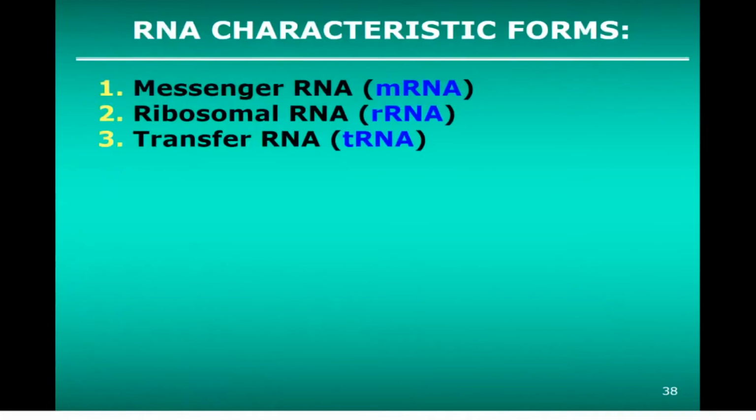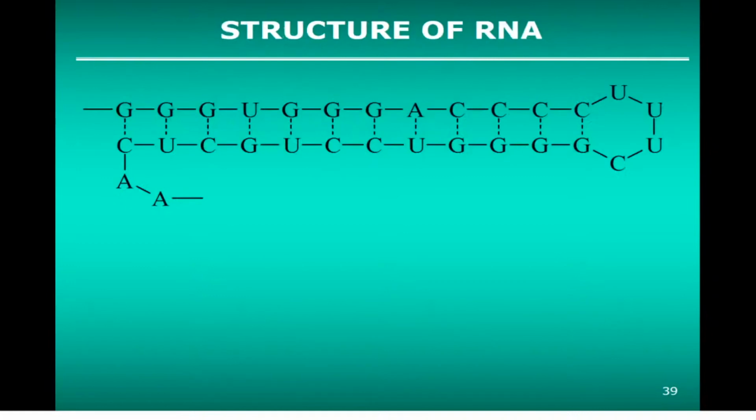So RNA, there are 3 types of it: messenger, ribosomal, and transfer. They look different, and all of them participate in protein synthesis. But the secondary structure of RNA is not a double helix in humans. It's a clover leaf, stabilized by intramolecular hydrogen bonds according to the same principle.